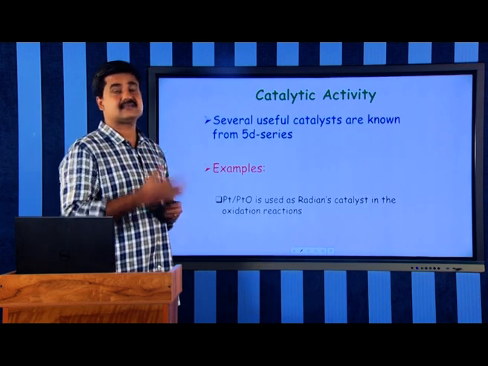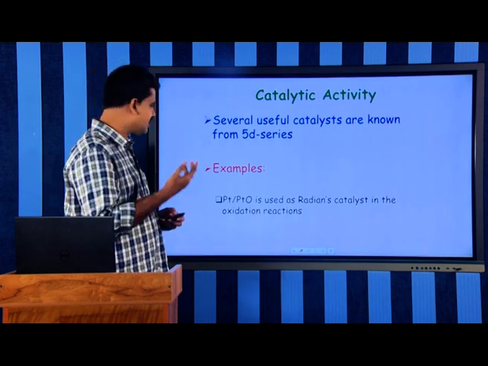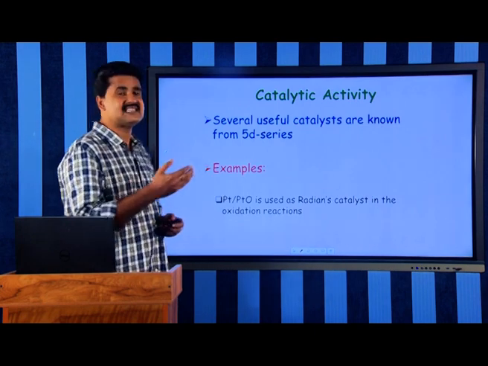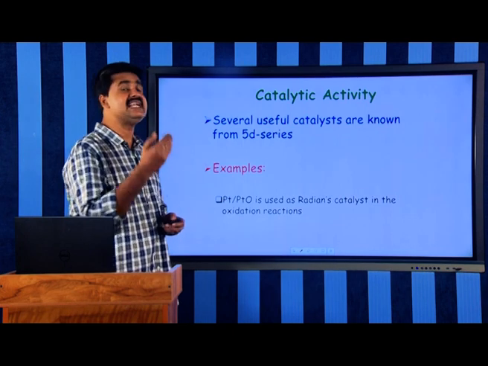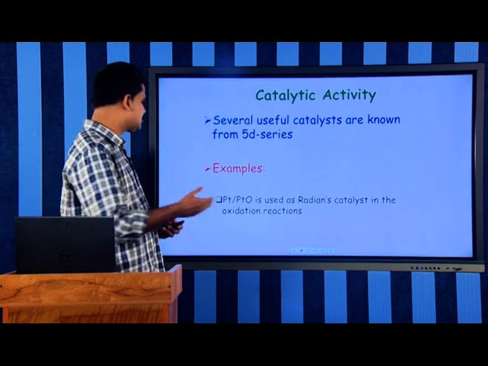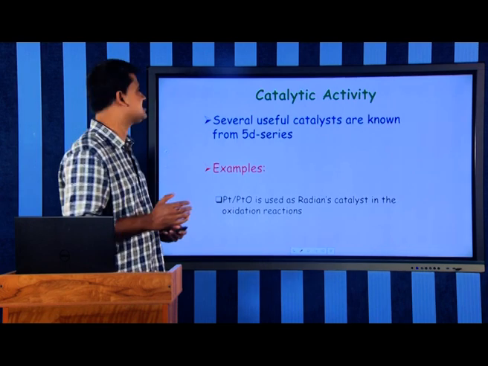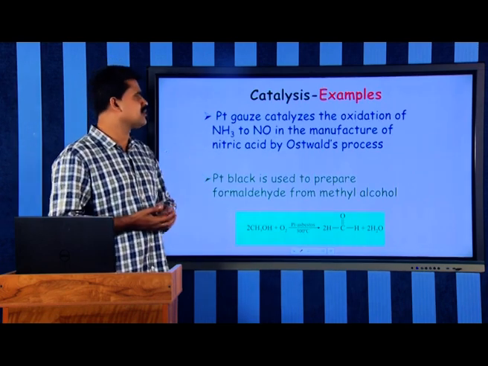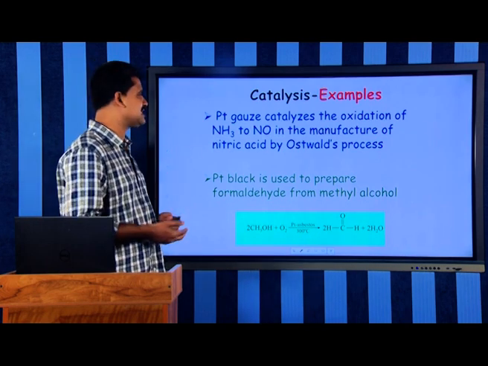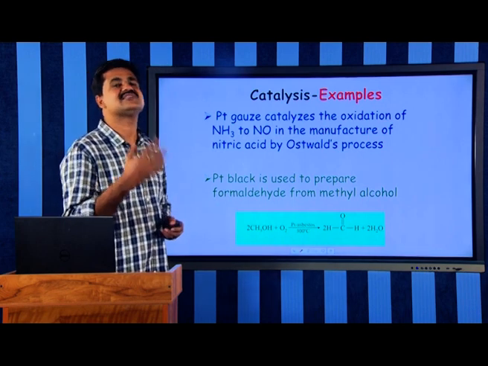From the 5d series, so many industrially useful catalysts are reported. For instance, platinum oxide is used as a catalyst under the name Adams catalyst, which is used for several oxidation reactions. So, platinum oxide is a good oxidizing catalyst. Then platinum gauze catalyzes the oxidation of ammonia to nitric oxide for the manufacture of nitric acid by a process called the Ostwald process.